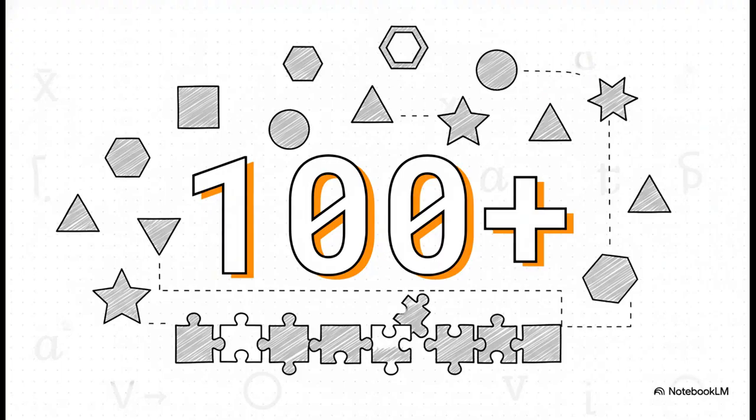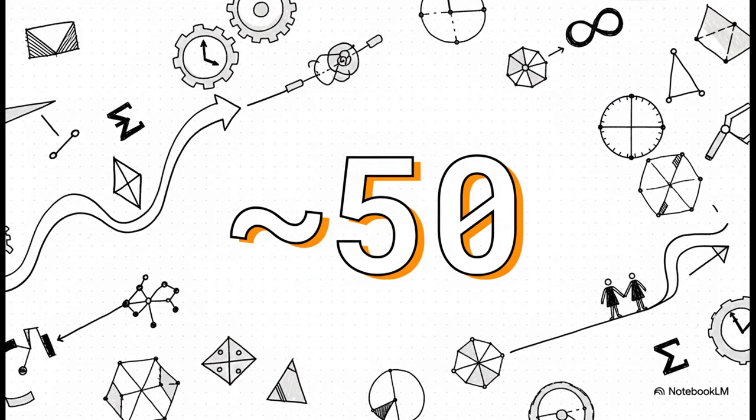And get this, it wasn't the work of some lone genius scribbling in an attic. No way. This was a massive global collaboration. Over 100 mathematicians were involved, each contributing crucial pieces to this gigantic puzzle. And it wasn't quick either. This was a multi-generational quest. It took almost 50 years to complete. Think about that.